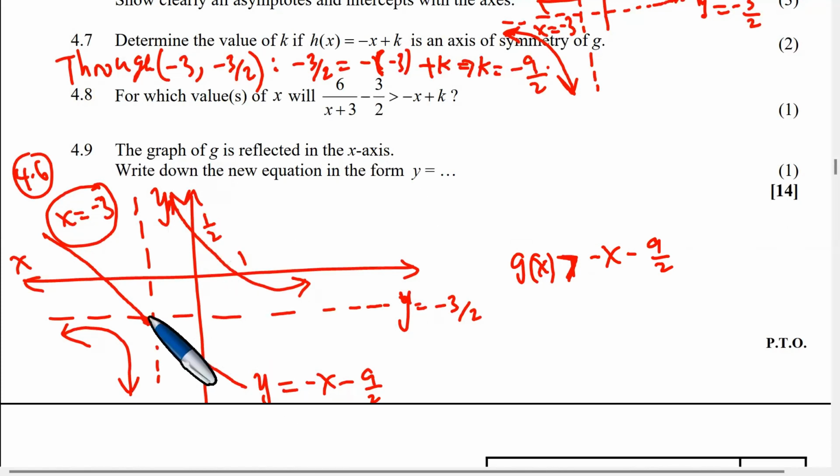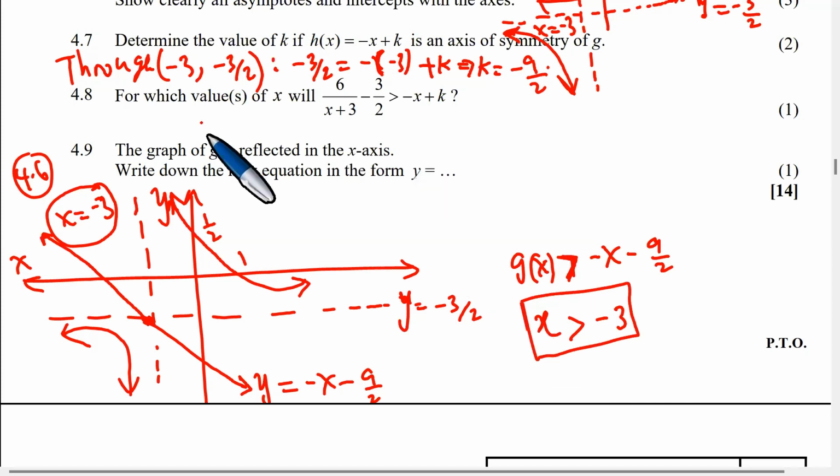It is certainly above just to the right of the asymptote, which means x is bigger than -3.